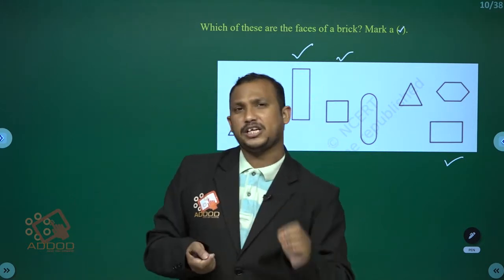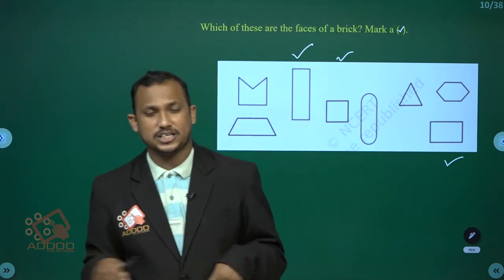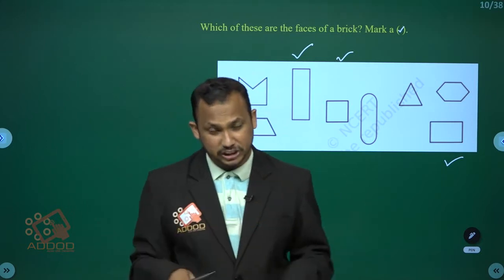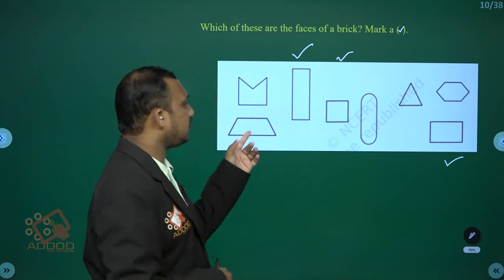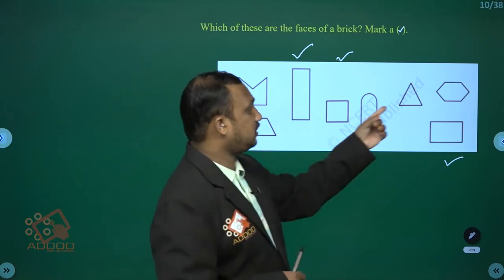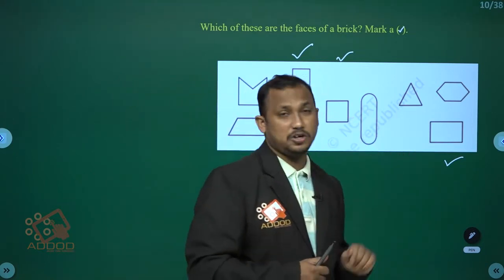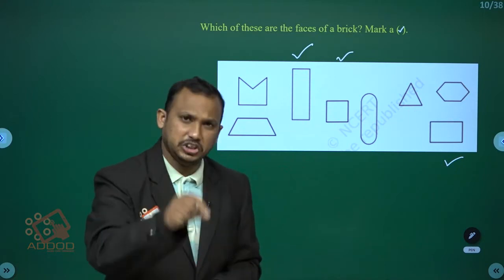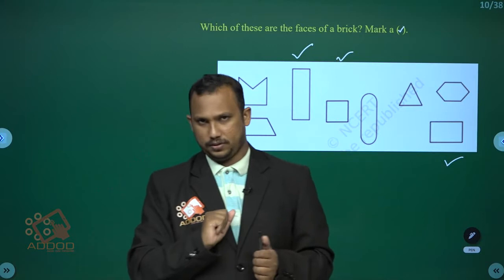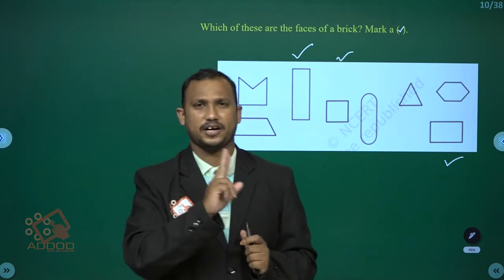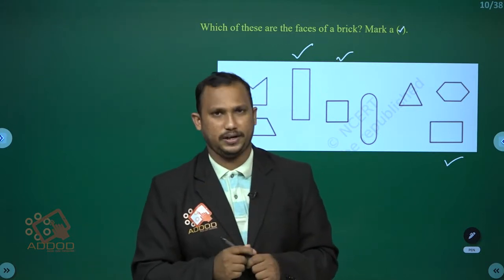Generally, the brick face is a rectangle or a square shape. But here we have a trapezium shape, a triangle shape, and a pentagon shape. So we should get the shape of a rectangle or square. Understand? The brick should be rectangle or square shape only.